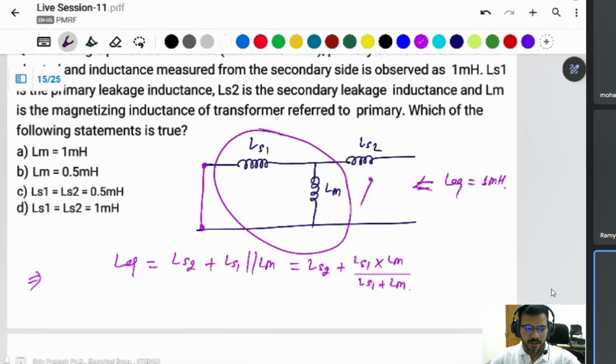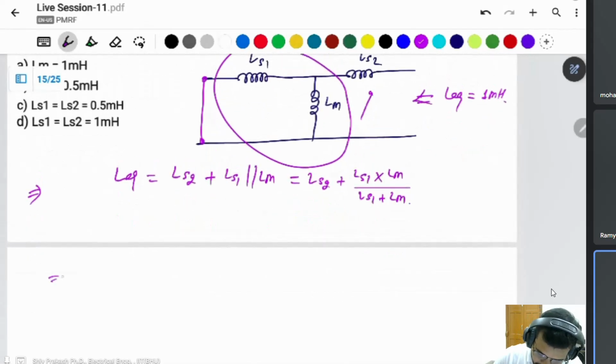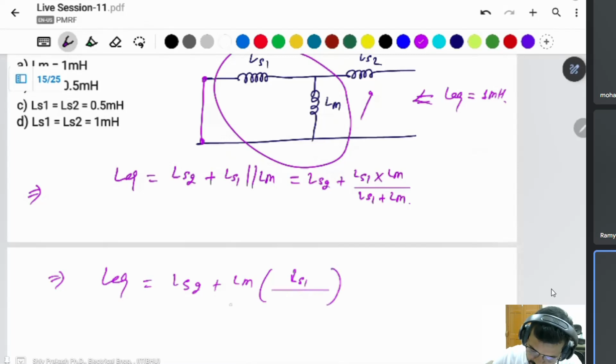In this case, we take LM common on both sides, then what happens? LS2 plus LM common, LS1 divided by LM, plus 1. Then you cancel out, and it will be LS2 plus LS1.